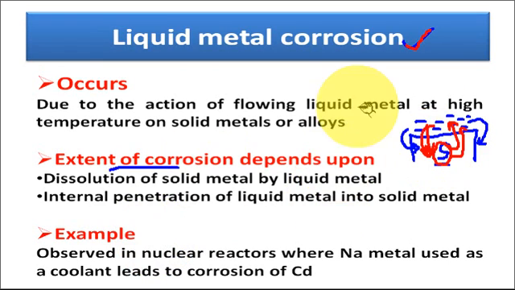The best example of liquid metal corrosion is observed in nuclear reactors, where sodium metal used as a coolant leads to the corrosion of the cadmium pipes in which liquid sodium flows. So this is the best example of the corrosion of solid metal cadmium in presence of liquid metal sodium.